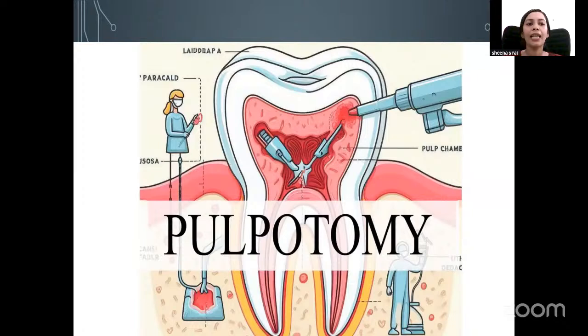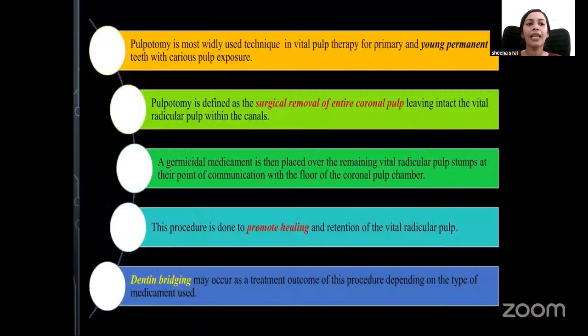Pulpotomy is a very widely used technique in young permanent teeth. That is very important. The coronal pulp is removed and the lower pulp, the radicular pulp, is kept, which helps promote healing.